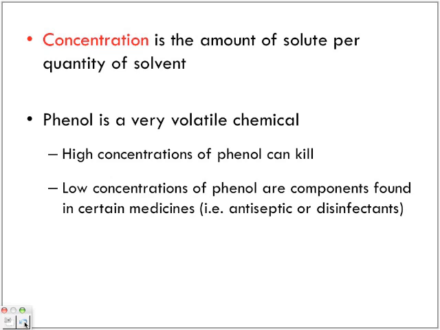So low concentrations of phenol are components found in certain medicines like antiseptics or disinfectants. So even though it has this hazardous property, knowing what concentration to use can help you determine how much of it we can use without it killing you, because we look at these things, antiseptics and disinfectants, as things to help you.